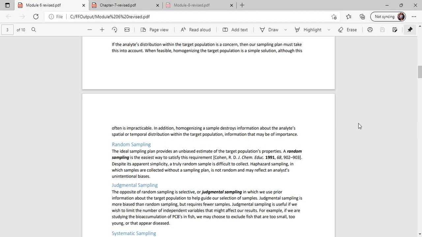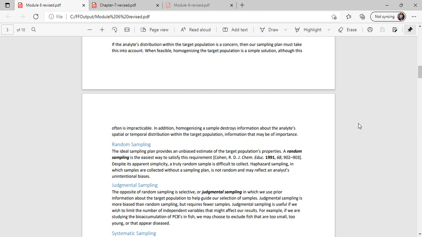Judgmental sampling is useful if we wish to limit the number of independent variables that might affect our result. For example, if we are studying the bioaccumulation of PVCs in fish, we may choose to exclude fish that were too small or too young and appeared diseased.